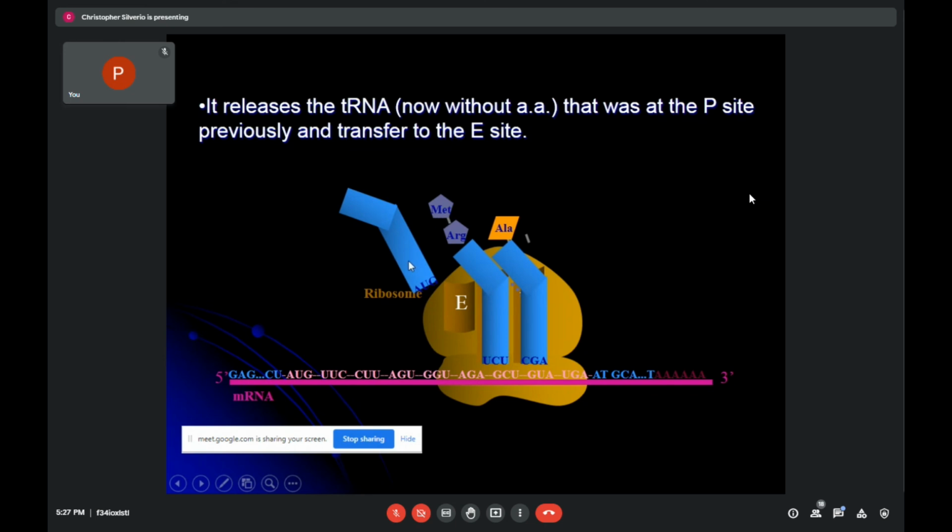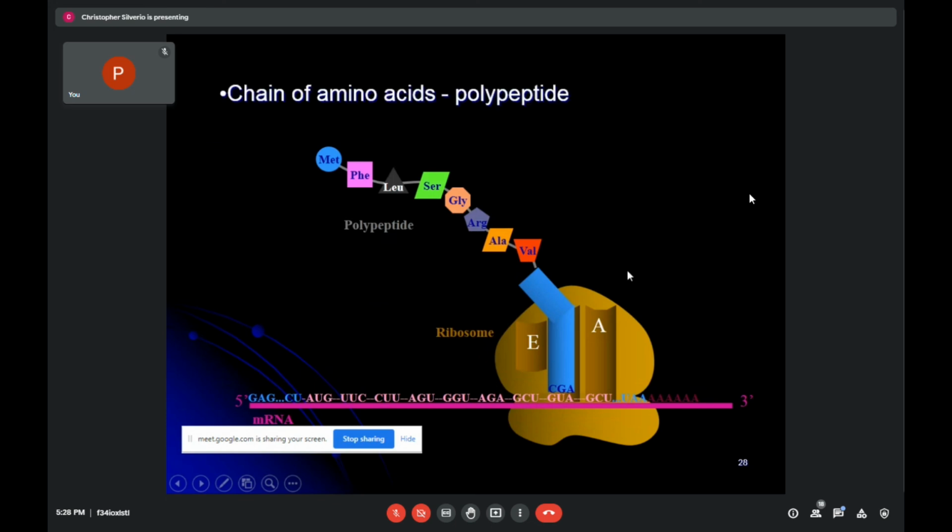This transfer RNA will move to the exit site, and these two amino acids will be left behind, and will attach to alanine when this transfer RNA moves to the P site. So this is what happened.